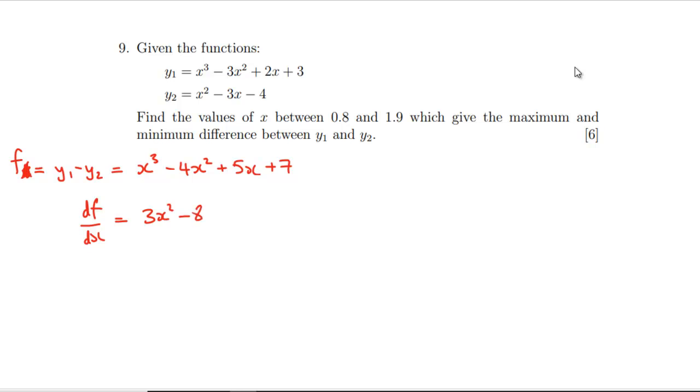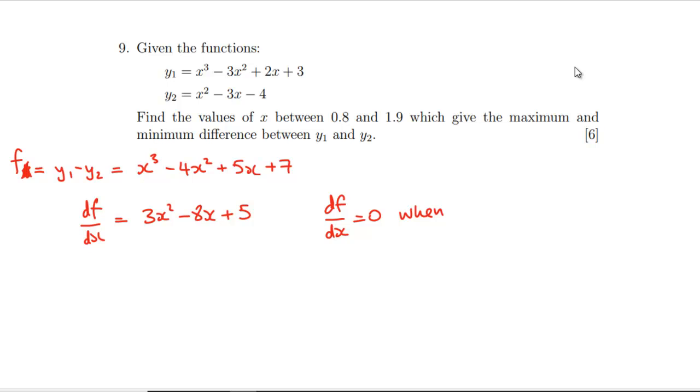3x squared minus 8x plus 5. So we want to set that equal to 0. So df dx equals 0 when, so is that going to factorize? Two things that multiply to 15 and add up to minus 8?